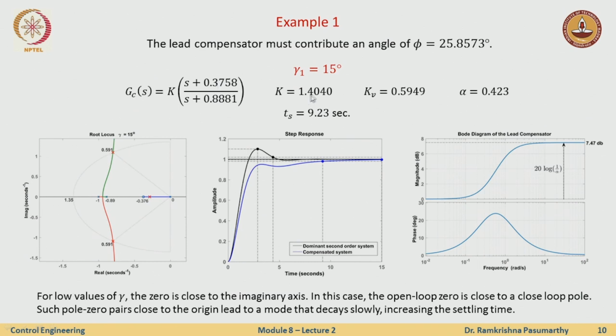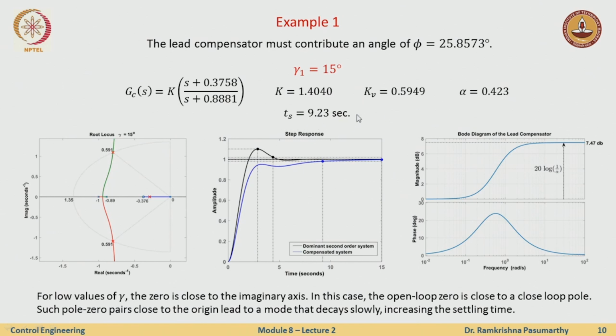The gain k is 1.4, the velocity error constant is 0.5, alpha is small enough at 0.423, and the settling time is 9.23 seconds. So the gain is 1.4, the velocity error constant has decreased from 1 to 0.5, which means the steady state error increases. Alpha has some number 0.423, which is less than 1, and it is again trivially satisfied.